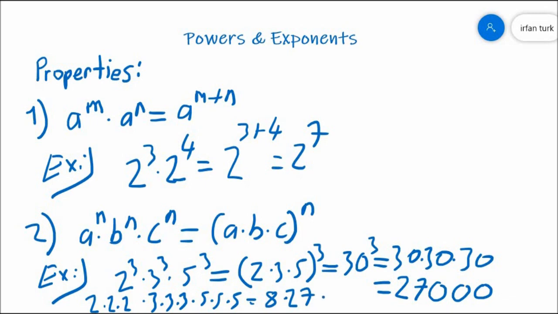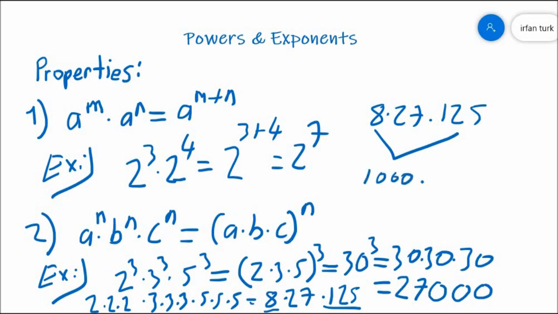If you multiply three 5's, you're going to have 125. And if you multiply 8 by 125, let me write it here, 8 times 27 times 125. If you multiply 8 by 125, you're going to have 1000 times 27, and still you're going to get the same result, which is 27,000.